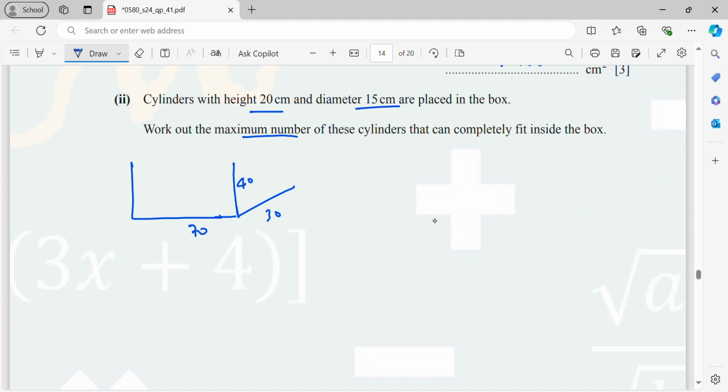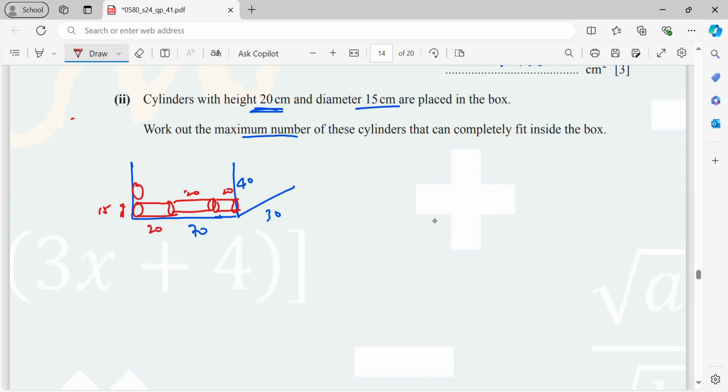Now, the cylinders with height 20. So if let's say my cylinder, I put it horizontally, and then here it will be 20 centimeters. So here most likely I can just put 3. Here 20, here 20. And then the diameter is 15, here 15.